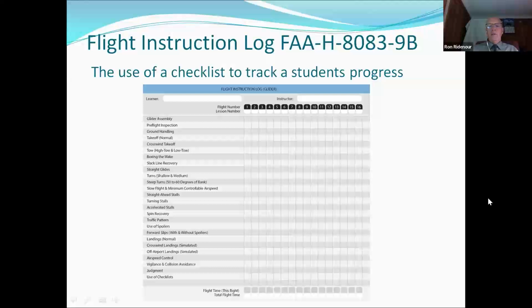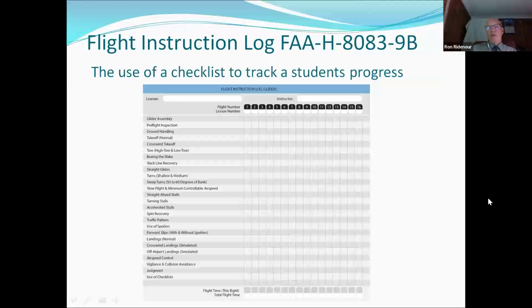So utilize some way to keep track of the student's progress, and not just writing, hey, we did box the wake on the tow. I think it's really important both for motivation to the student, and if the learner happens to go between different instructors.